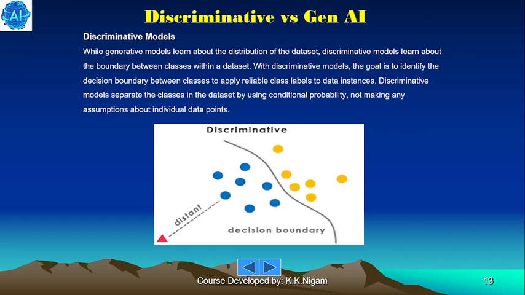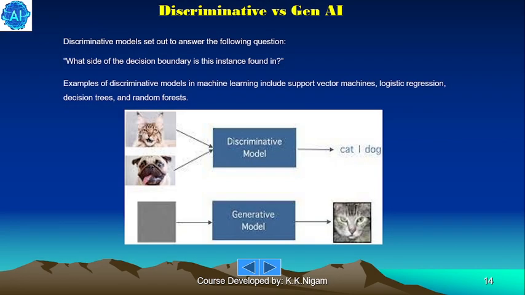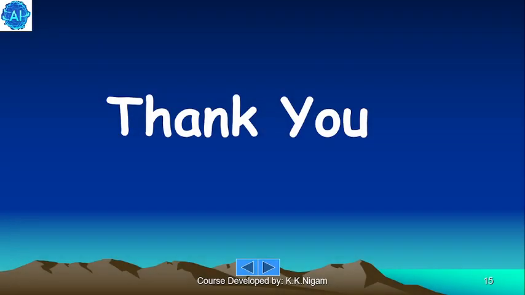Discriminative models separate the classes in the dataset by using conditional probability, not making any assumptions about individual data points. Discriminative models set out to answer the following question: what side of the decision boundary is the instance found in? Examples of discriminative models in machine learning include support vector machines, logistic regression, decision trees, and random forests. Thank you.